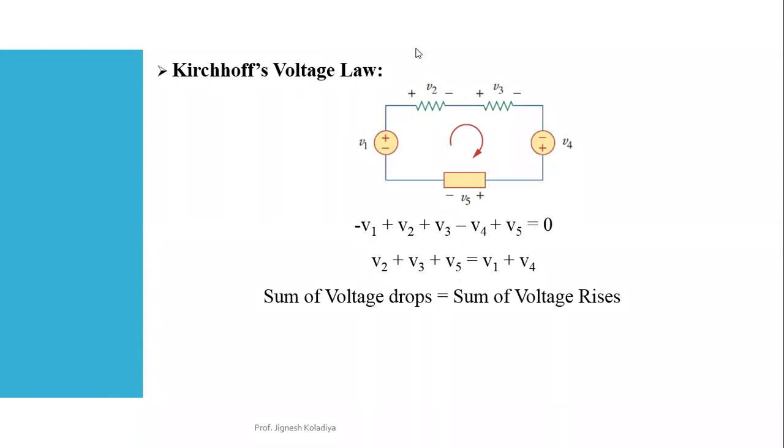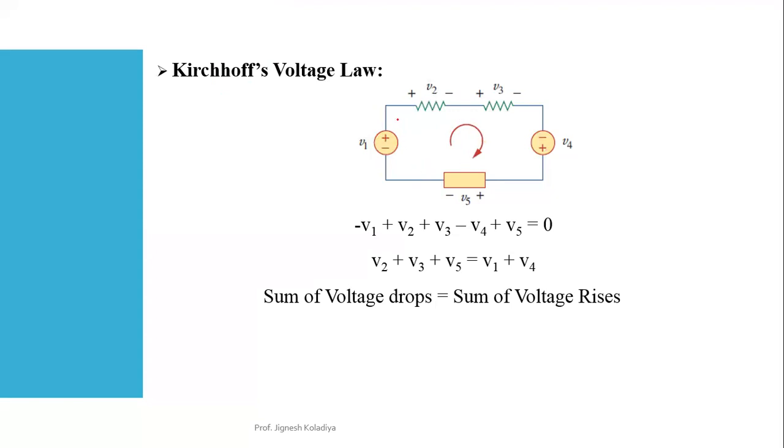So here one circuit is there. You can see we have two voltage sources, V1 and V4, connected with opposite polarity. Also two resistances are connected and one load impedance is also there, and this is my current sign.